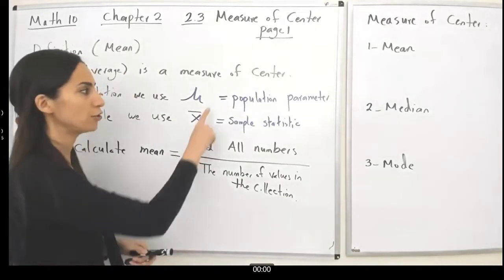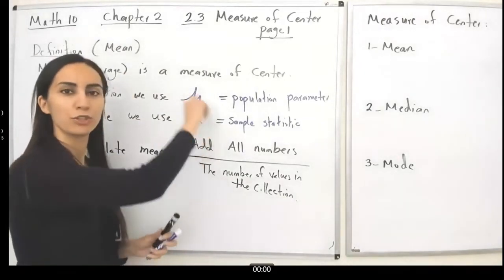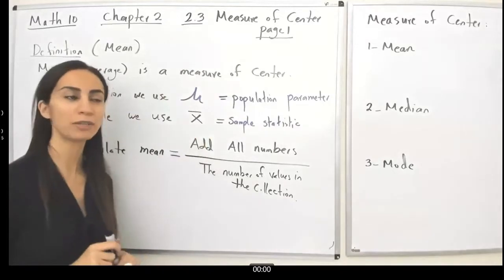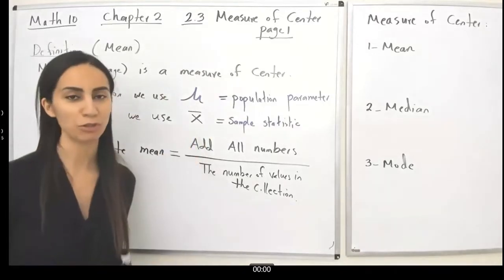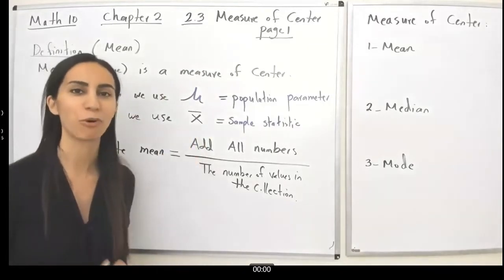Again, if you are working with your population, you write mu equals a number. If you're working with a sample, you write x bar equals a number.